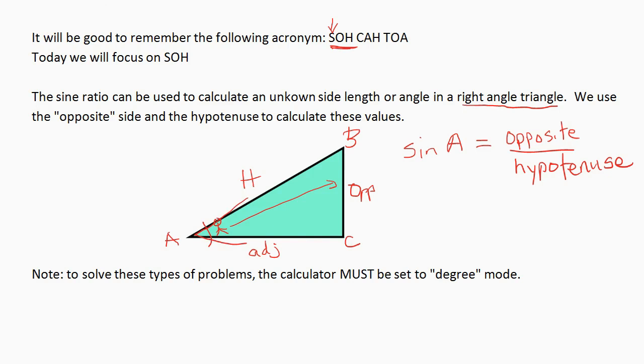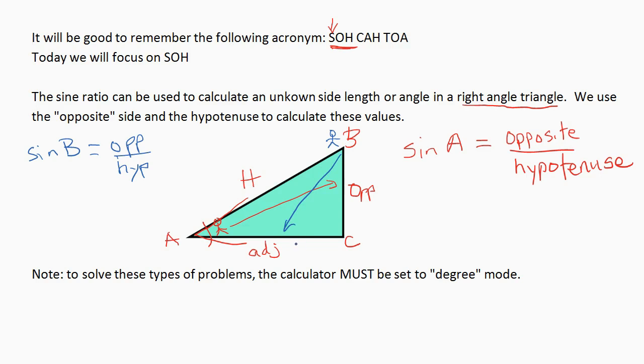Now suppose for a second we want to think about sine of a different angle. So sine B. Sine B is actually also opposite over hypotenuse. By definition, sine of an angle is always opposite over hypotenuse. But we're talking about angle B now. So you have to imagine that you're standing up here at angle B and you look out over the triangle.